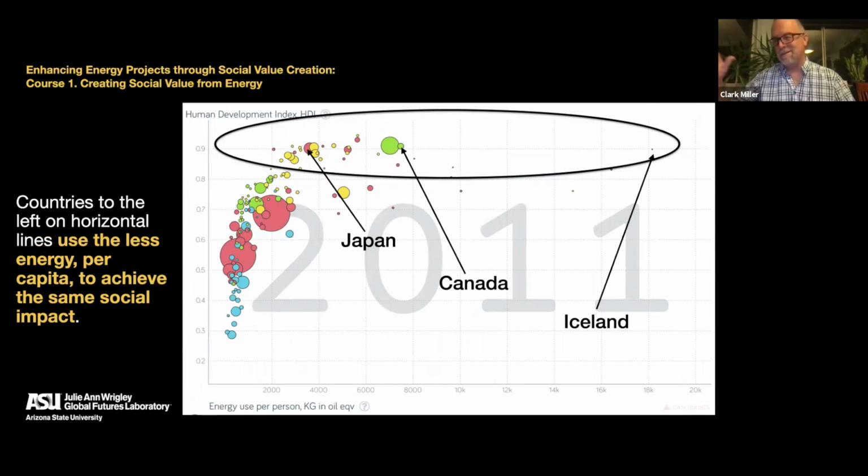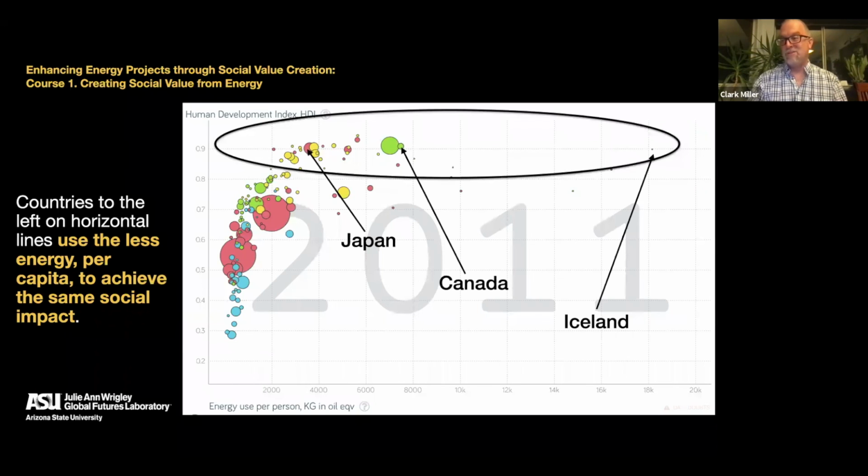Where it tails off really highly, you're seeing a similar phenomenon in which a country like Iceland, that's way out on the right-hand edge of this curve, is delivering the same level of human development as a country like Japan that's much closer to the left-hand edge.